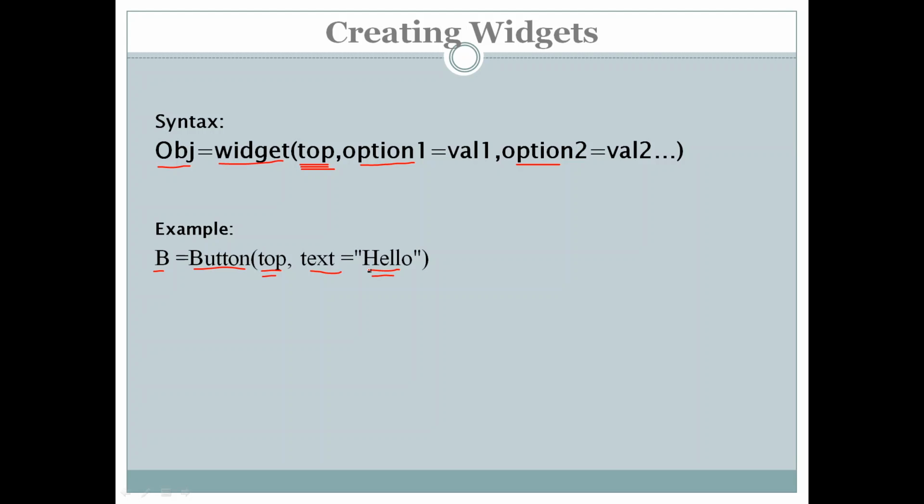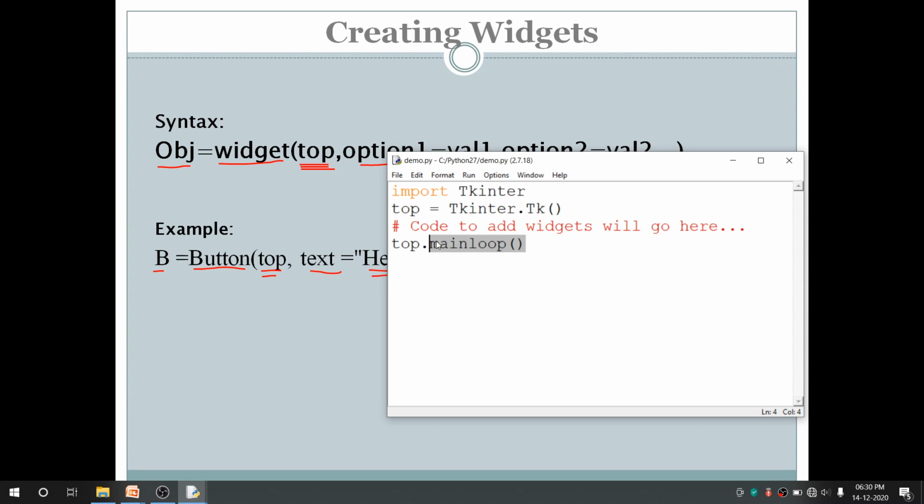Okay, let me show you how a widget can be created. The same program we will use here. I'll create a widget. B is equals to, then I need to create a button, so I'll say Button, and then we need to pass the first argument, which is important and compulsory, that is the object of the top level window.